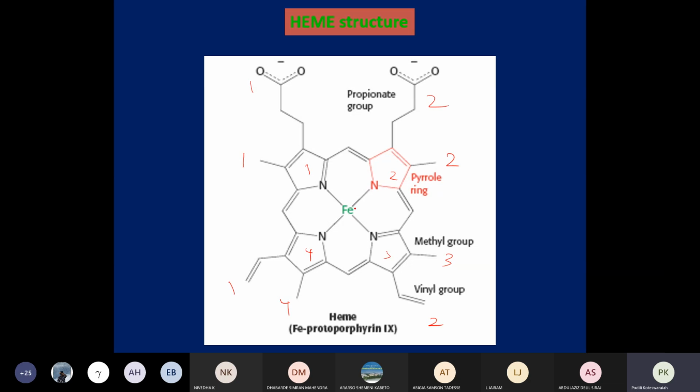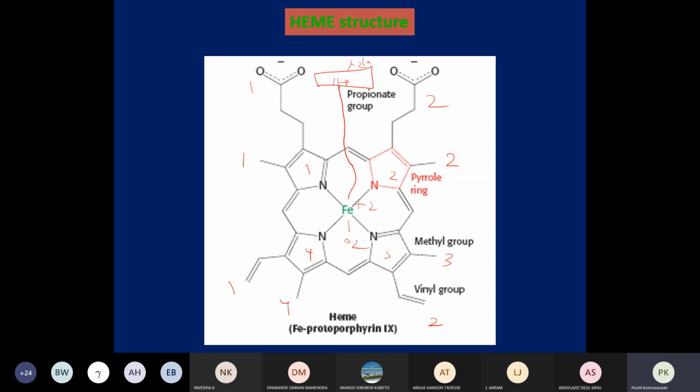The iron atom is present in the center in the Fe plus 2 state, and in Fe plus 2 state it can form 6 coordination bonds. 4 valencies are occupied by the 4 nitrogen atoms of the pyrrole rings, the 5th valency is occupied by the histidine of the protein component of the hemoglobin, that is globin, and the 6th valency is meant for oxygen binding.